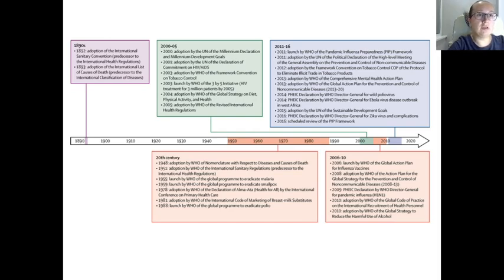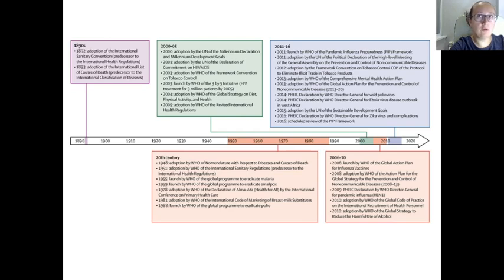If we talk about the category of public health concerns such as communicable disease control, we will call it the International Health Regulations agreement, which was created in 2005.